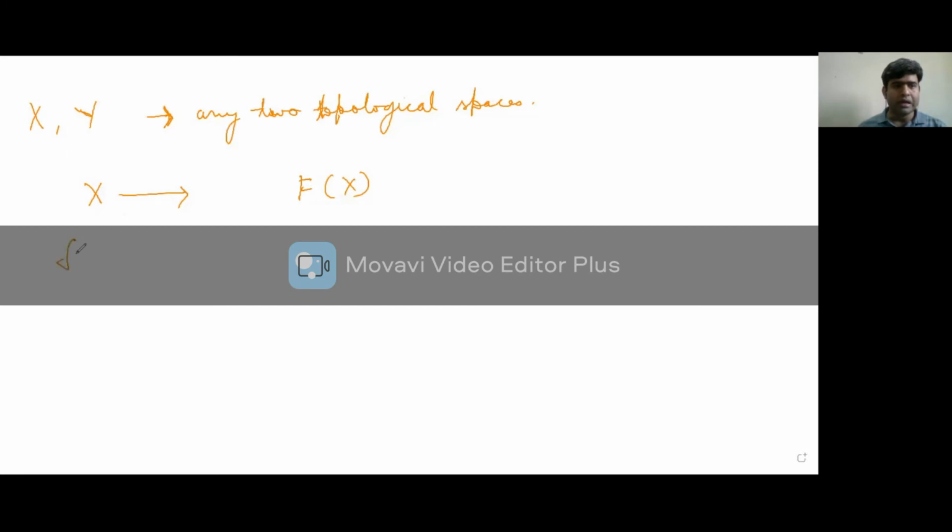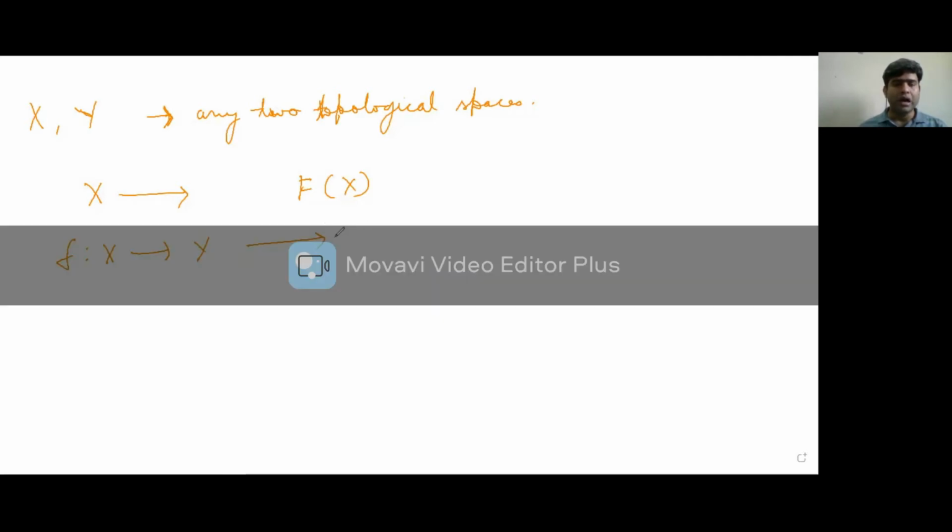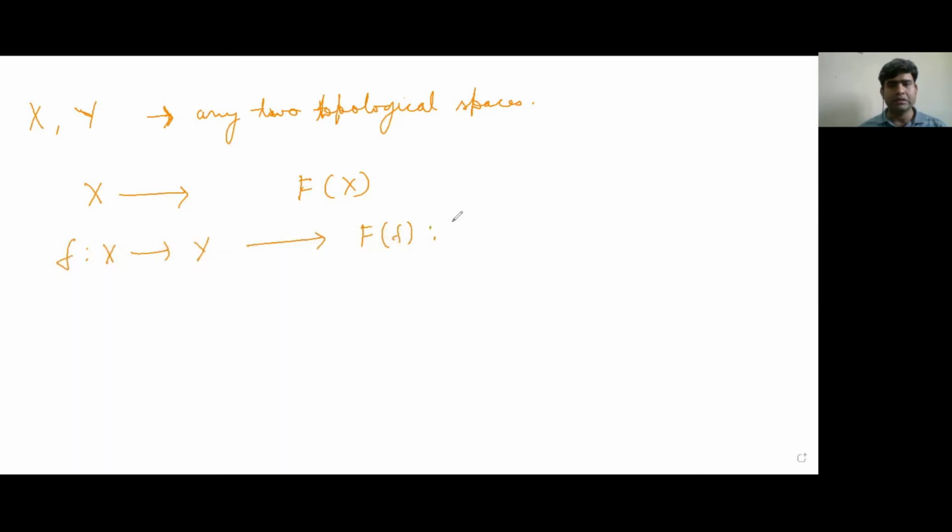Also, given any continuous function f from X to Y, where X and Y are two topological spaces, we associate to it a homomorphism from F(X) to F(Y).